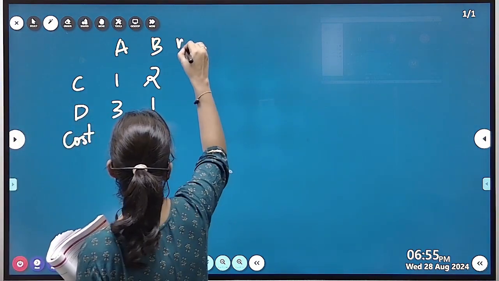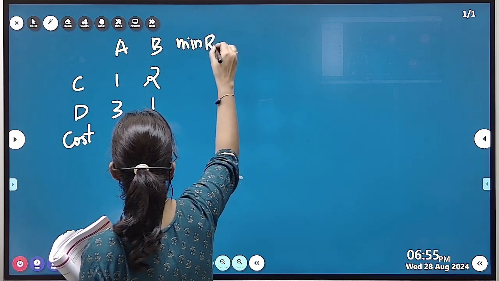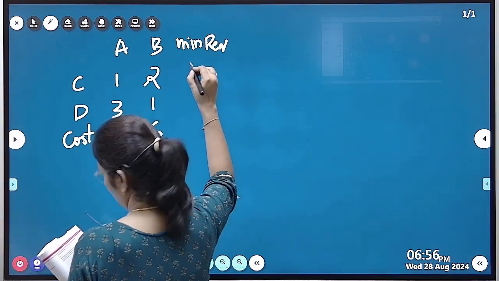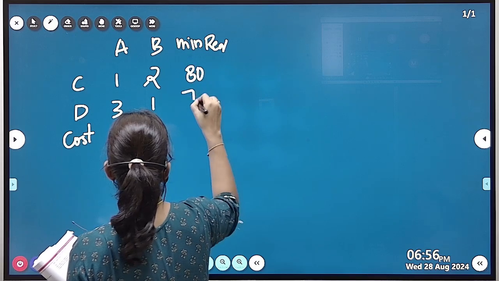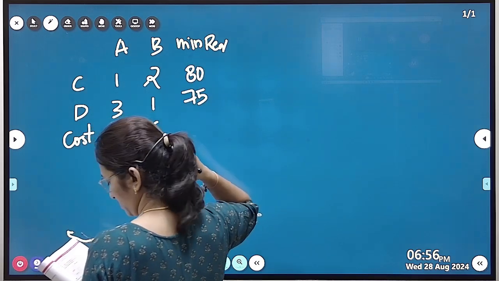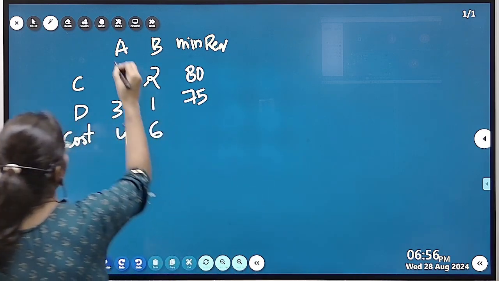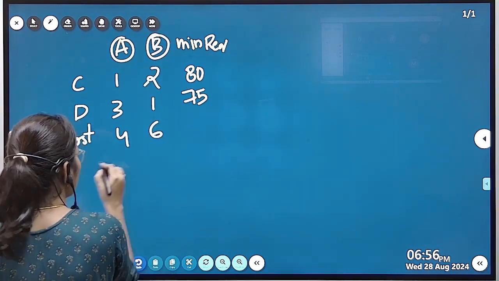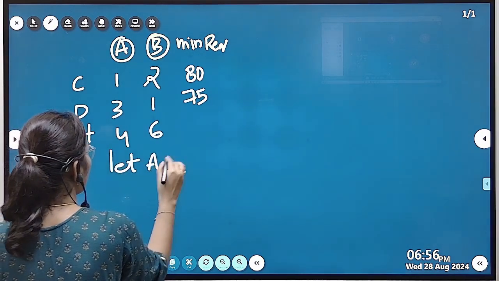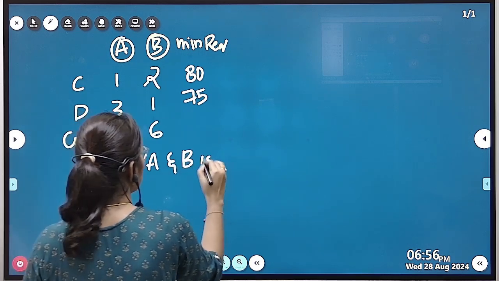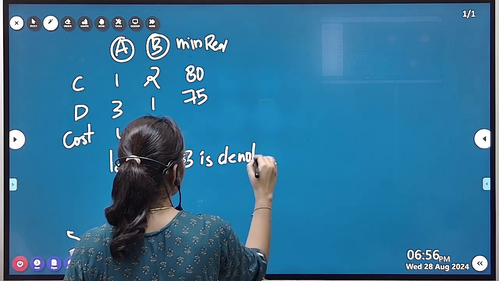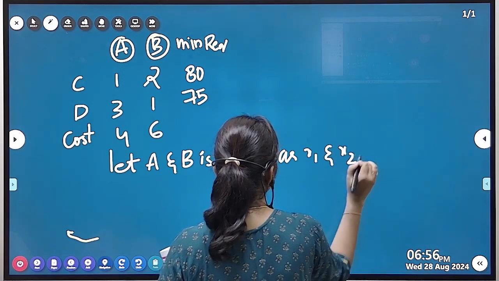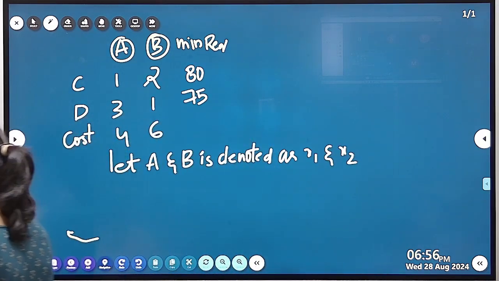What is the minimum requirement? 80 and 75. Yes. So let us assume that A and B are denoted as x1 and x2. Okay? So let us do this question.